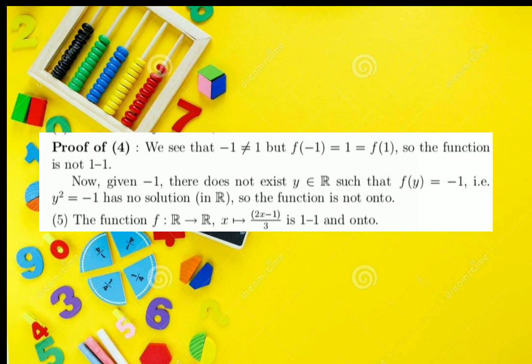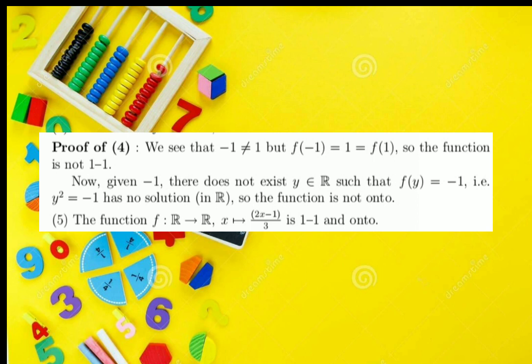Now, given negative 1, there does not exist y in R such that the function of y equals negative 1, as y squared equals negative 1 has no solution in R. So the function is not onto.